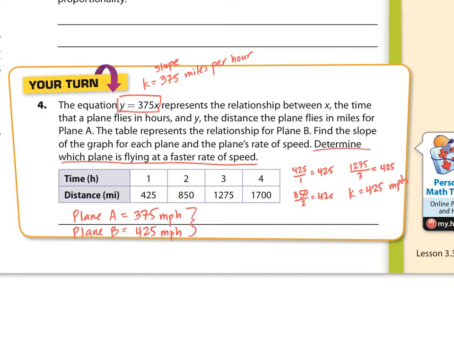So this is our evidence to say that plane B is faster. Okay, so we've done the work, we've shown it, we wrote both of these speeds. I wrote it again just to have it side by side, or one on top of the other, to make it an easy comparison. But I have all the evidence there to show that plane B is faster. Okay, and that's all you need.